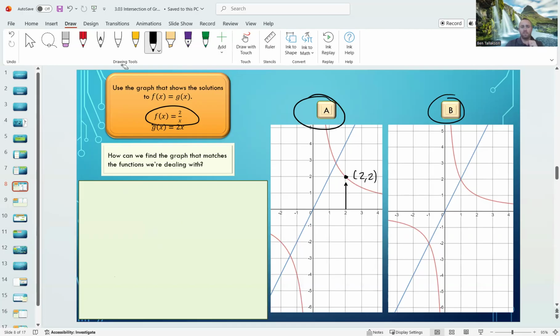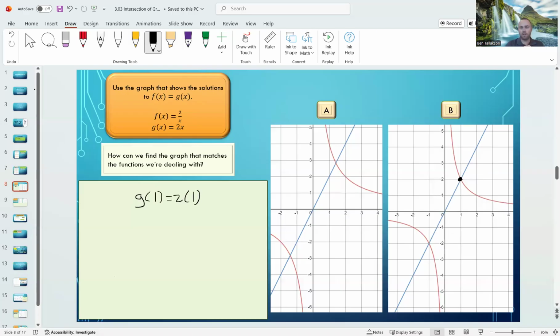If you instead wanted to approach this with the mentality of which graph is the right one, instead of just which is right or which is wrong, you could pick graph B and you could get even more specific and pick a solution with whole numbers. How nice is that? And then you could pick your easier function, g of x. You can plug in 1.